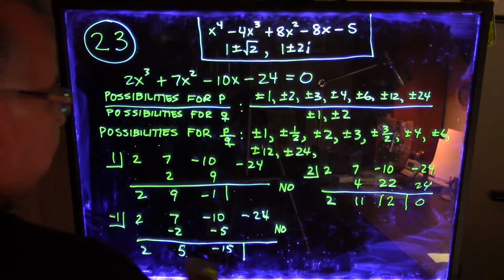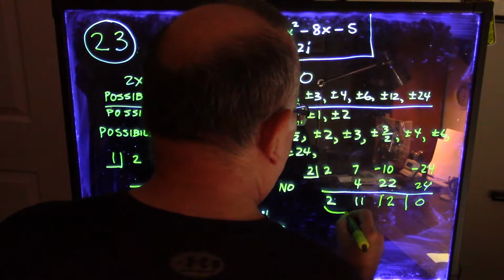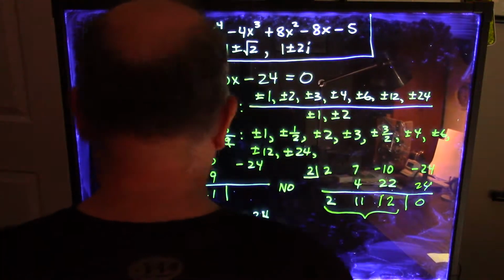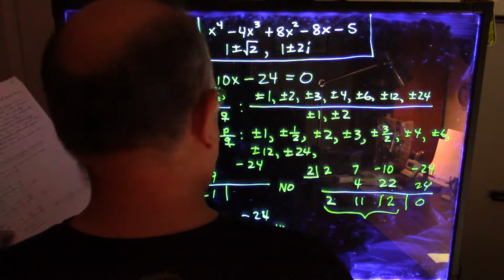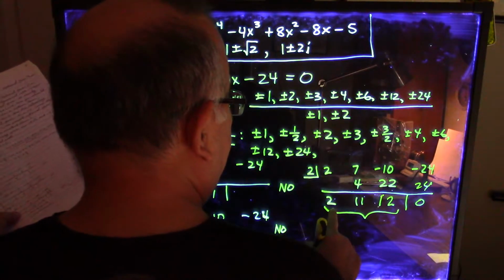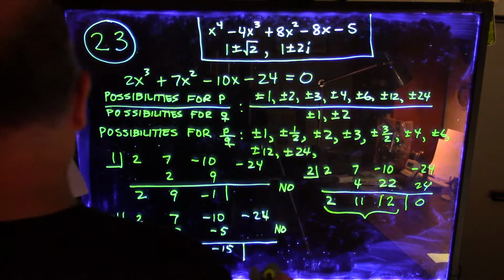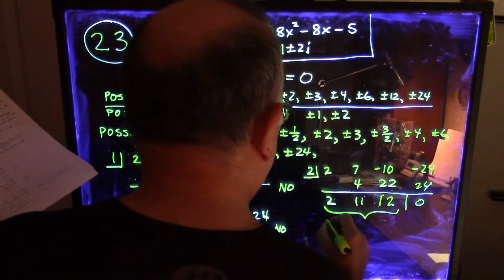All right, so this part right here is a quotient, and if you were doing long division, that would be a quotient. That would represent the coefficients of the quotient: 2x squared plus 11x plus 12. Okay.